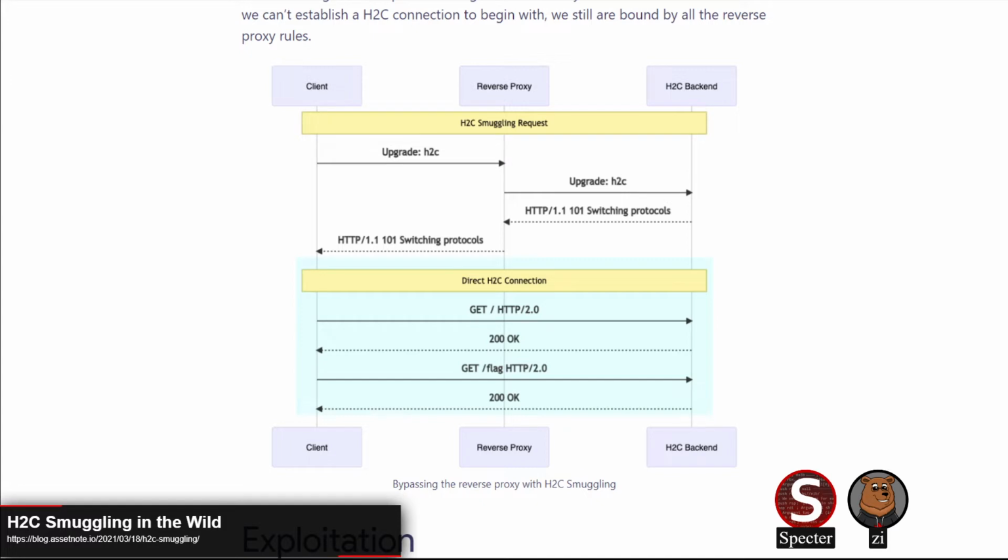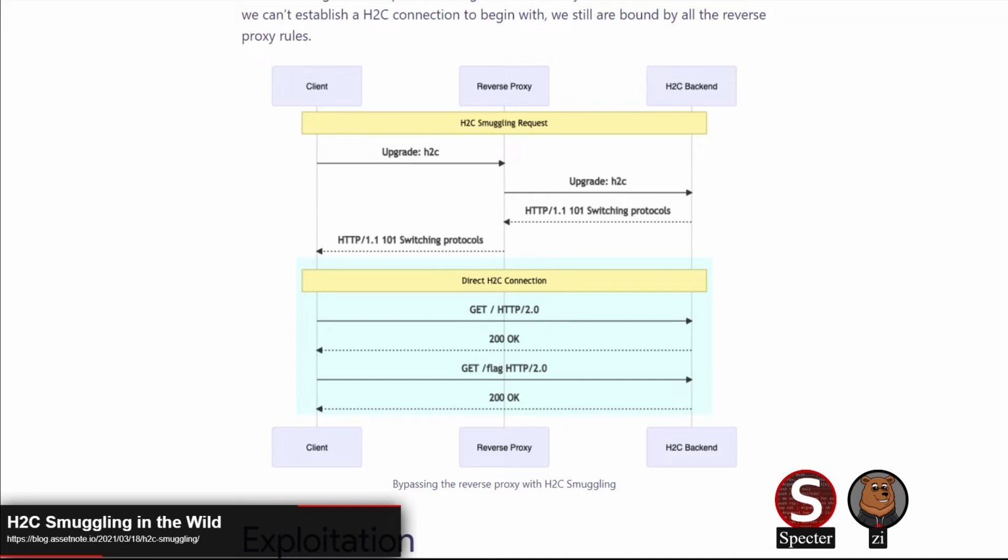So, yeah, they talk about how HTTP2 connections are persistent and can allow continuous communication, which can be a problem if you're running a reverse proxy. The reverse proxy might think that after your initial request has been processed and the connection is established, it no longer has to do any routing or checking of the rules or firewalls. So you're no longer bound to the rules of the reverse proxy the same way you are with normal HTTP connections.